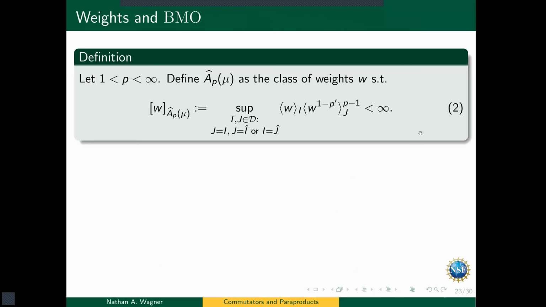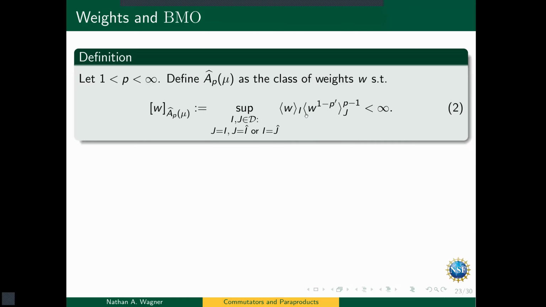Okay, so in this non-homogeneous dyadic world, we had previously looked at this class A_P hat. We studied this in a previous paper. And it's defined the same way that the usual A_P condition is defined, except you have two averages, one of the weight and one of the dual weight, right?